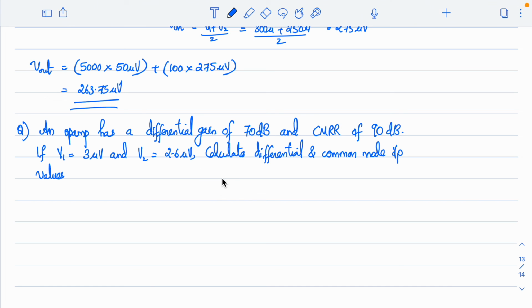The differential gain of op amp is given, CMRR is given, V1 and V2 voltages are given. Now you are supposed to find the differential and common mode input values, meaning you should find what is VD and what is VCM, right?